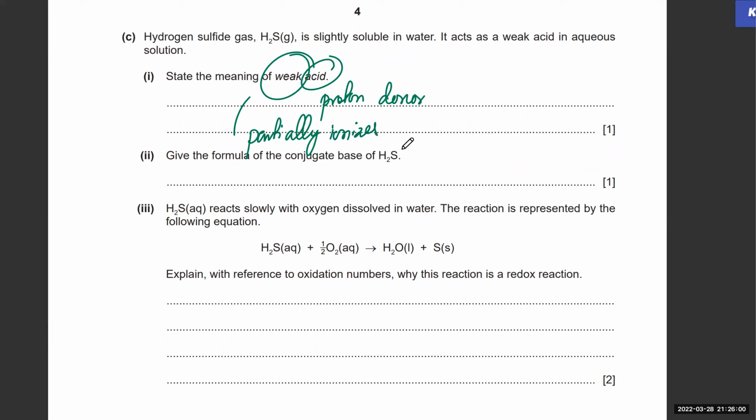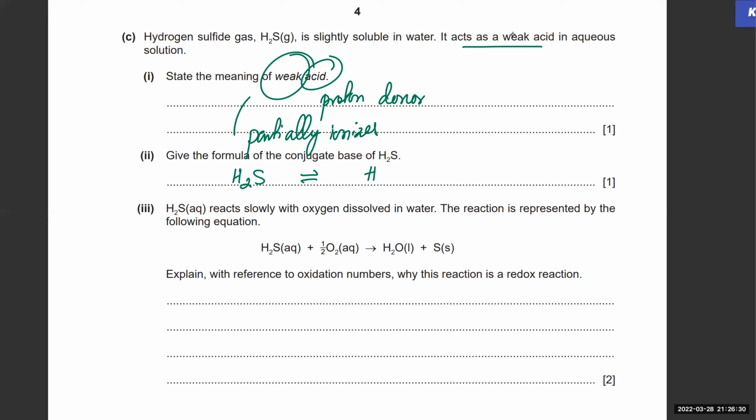Give the formula of the conjugate base of H2S. H2S is slightly soluble in water. It acts as a weak acid in aqueous solution. If it acts as a weak acid, it's going to lose an H+ ion.